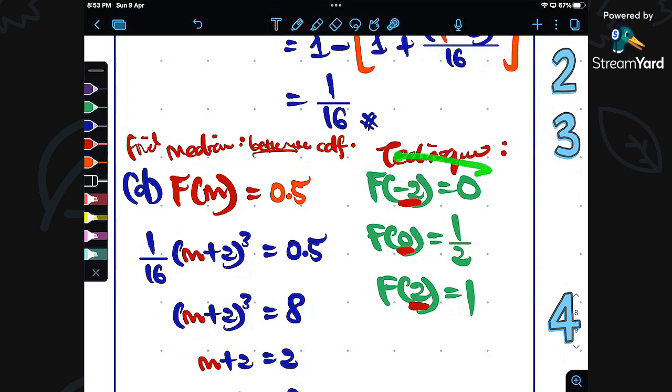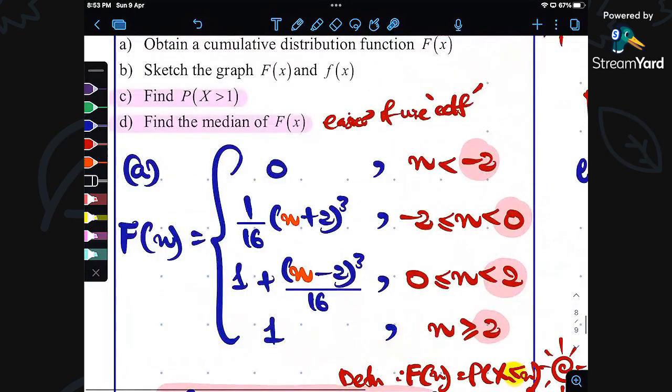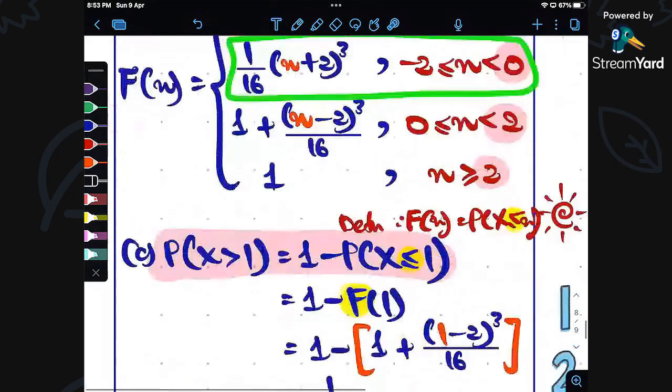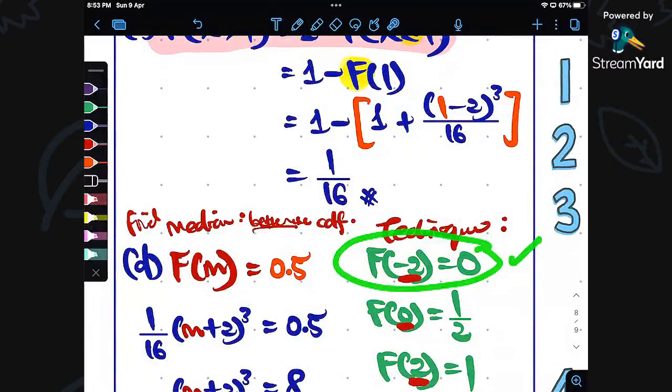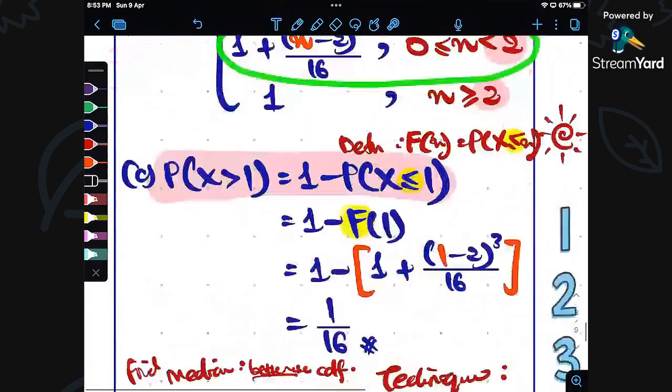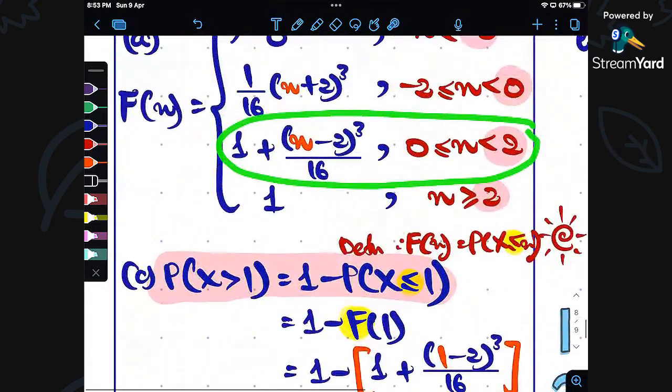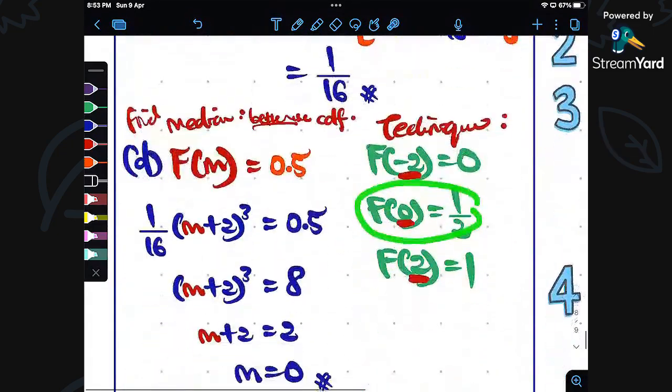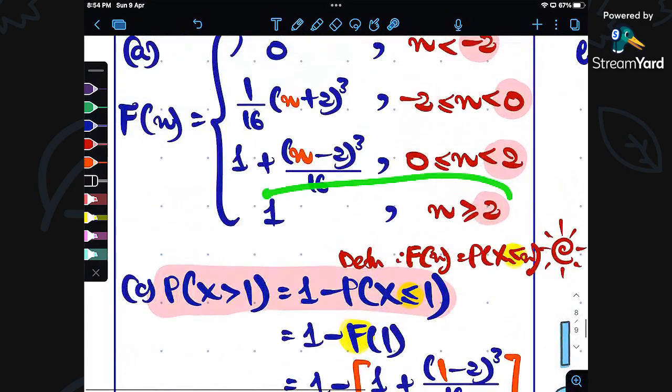So this one, if you insert -2 into this function, you will get a 0. Okay, if you insert 0 into this function, you will get a half. Yeah, you will get a half here. And then if you insert the number 2, you will get 1.